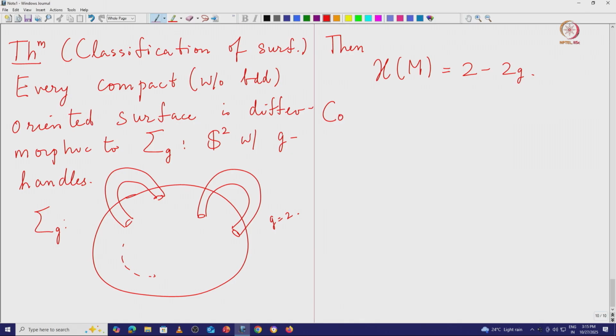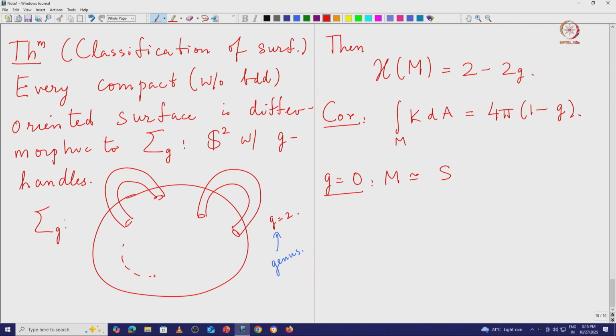So then a consequence of this classification of surfaces and the Gauss-Bonnet is that we get this beautiful relationship between the total Gauss curvature and the genus. So this number is called the genus. Okay, so this is going to be 4 pi times (1 minus g). So especially let me give you some special cases, when g is 0, for instance. So that is M is diffeomorphic to the sphere.